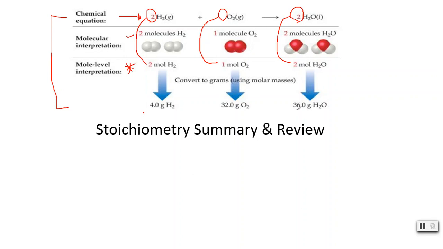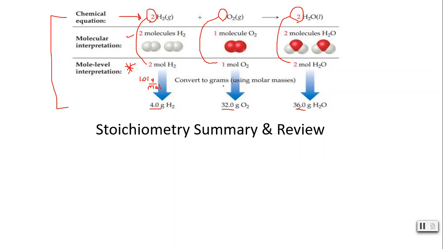The second point is that we can take those moles and convert them to grams using the molar mass of the particular substance. So 2 moles of hydrogen gas, that's equal to 4 grams. We can convert that using the molar mass of hydrogen, which is 1.01 grams per mole. I could do something similar with oxygen and water.